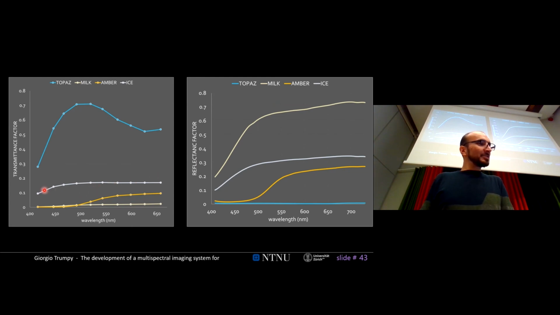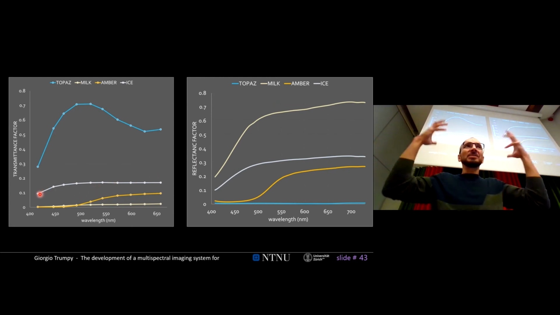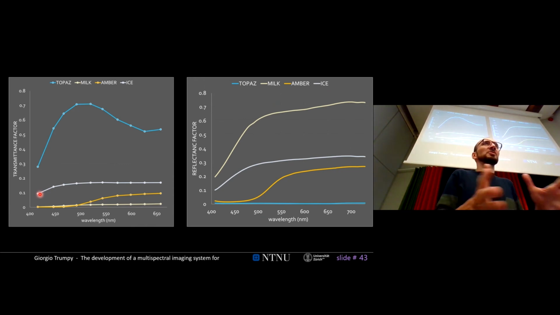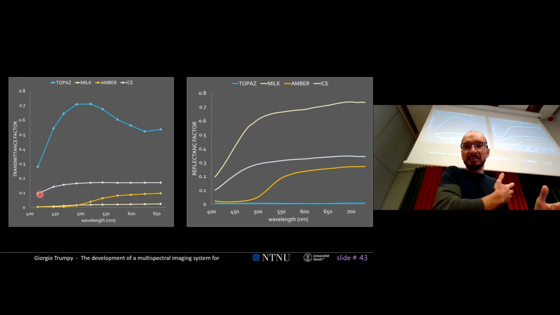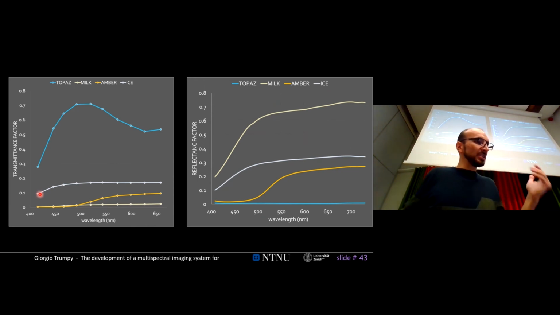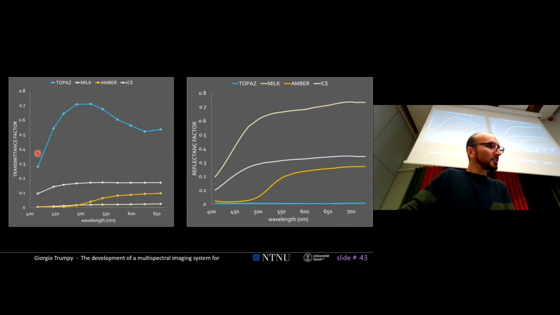I think it's quite interesting. I still didn't think too much about the other. There was no time. I did this measurement last week. And so topaz and milk are basically inverted in the two.